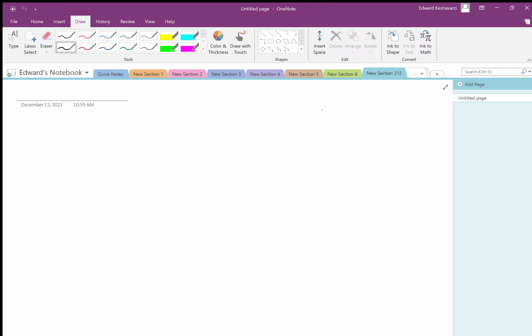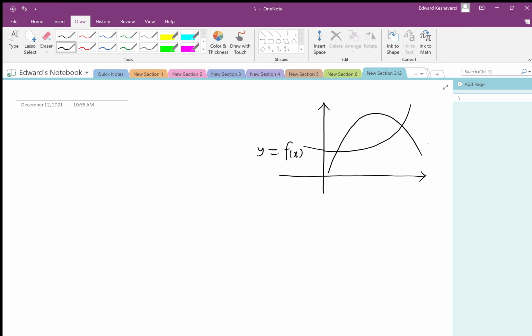The next one is about the area between two functions about the x-axis. So suppose that this is f of x and this is g of x. Let me say y1 and y2.